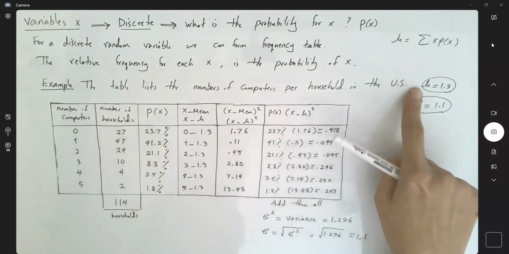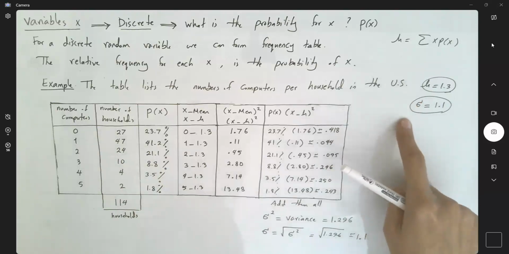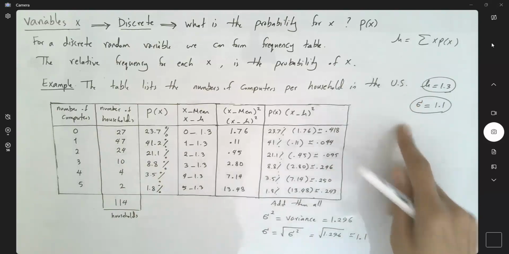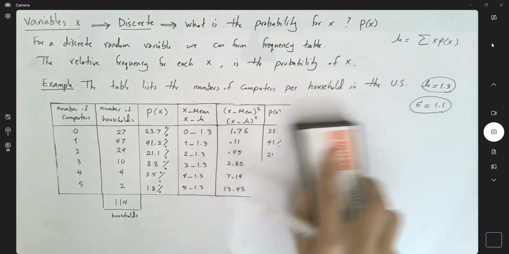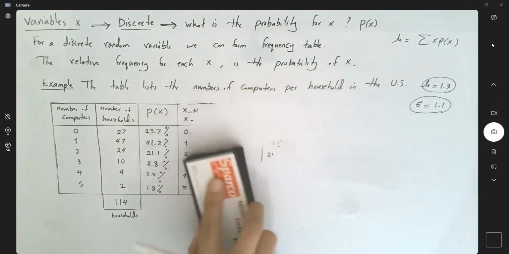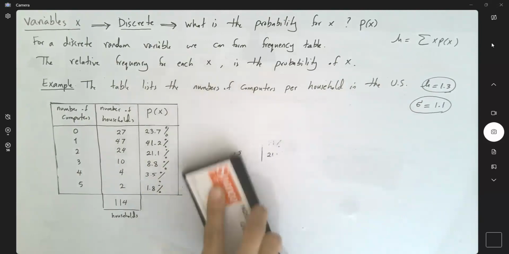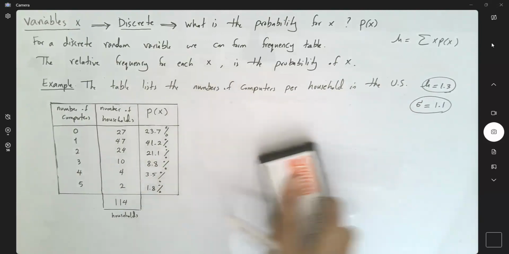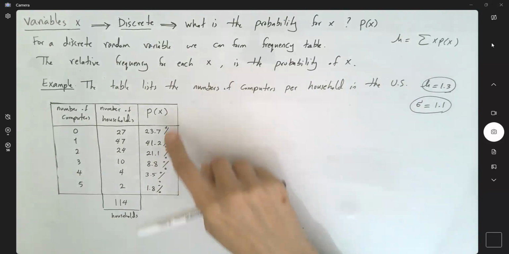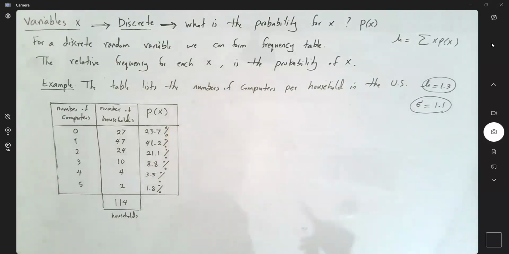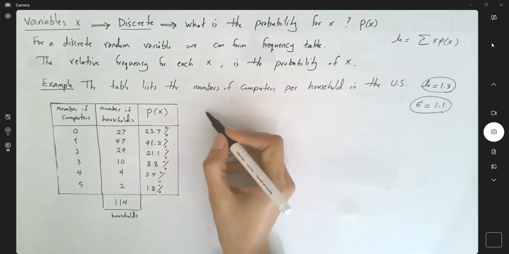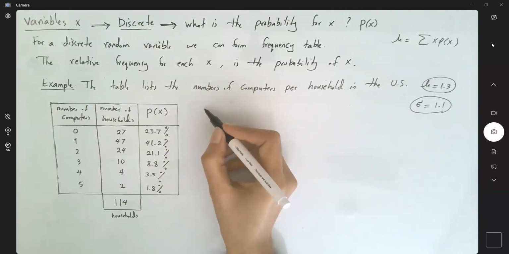We learned how to calculate the mean. We learned how to calculate the standard deviation. Now, the next question is, how do you compute the cumulative frequency? Relative frequency, which in this case, what is the cumulative probability? So, for example, suppose I ask you the following question.